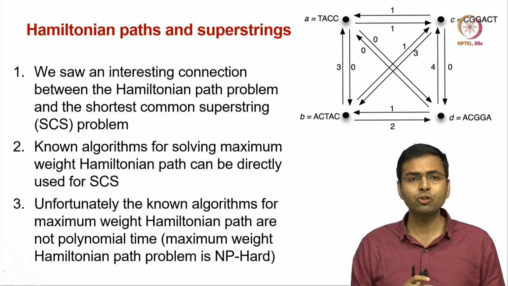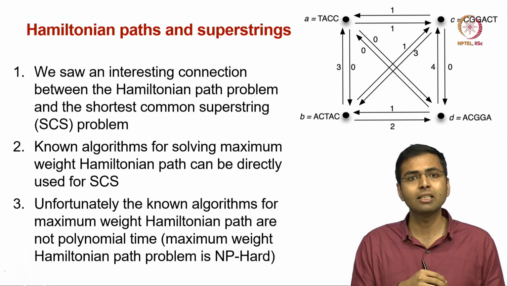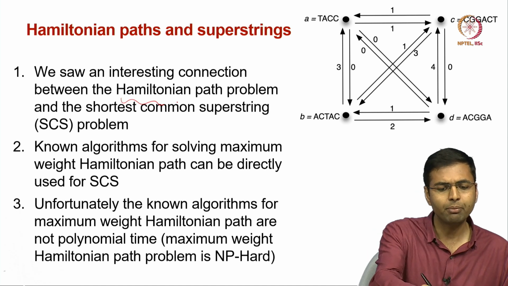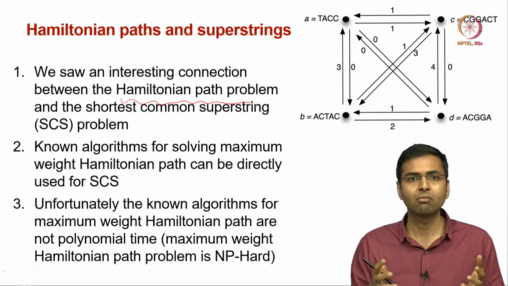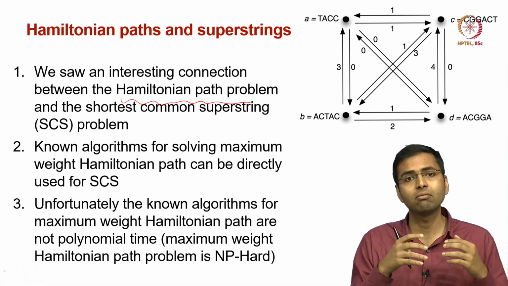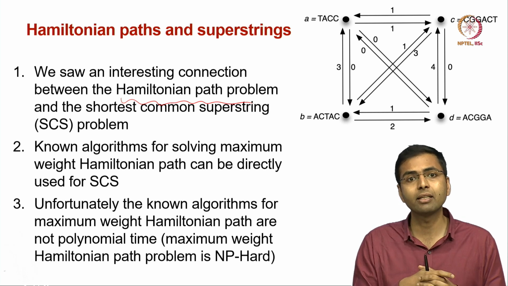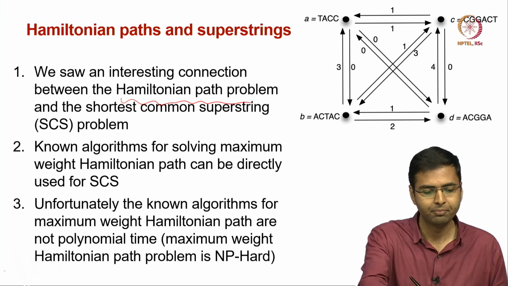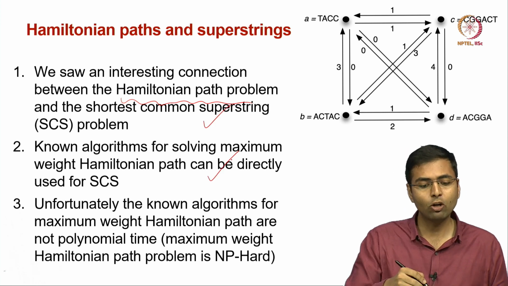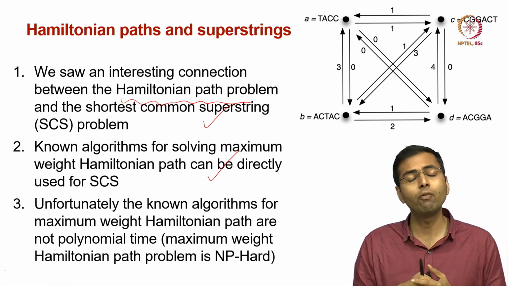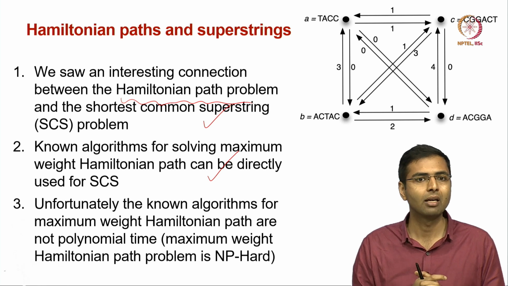So, it is interesting to see this connection between Hamiltonian path and the shortest common superstring problem, because the Hamiltonian path problem is a very well studied problem in computer science, and therefore, all the algorithms and results known for Hamiltonian path can be used for the shortest common superstring problem as well. So, known algorithms for max weight Hamiltonian path can be used for solving the SCS problem as well.